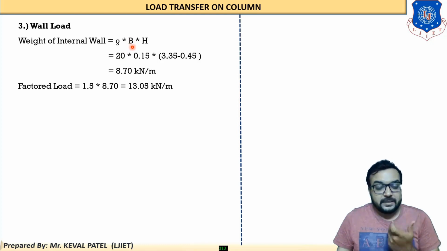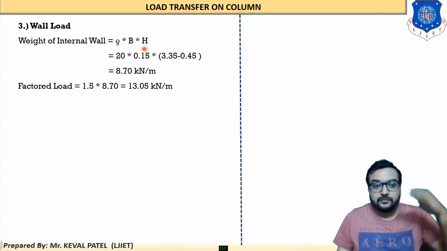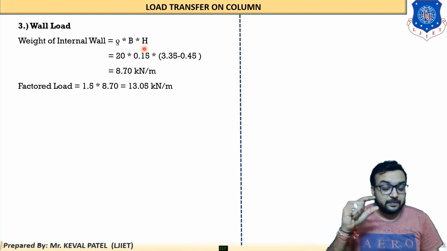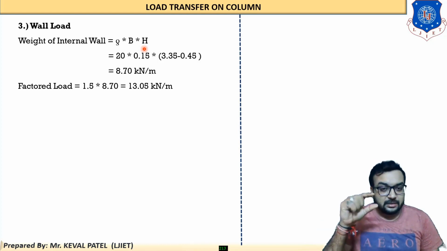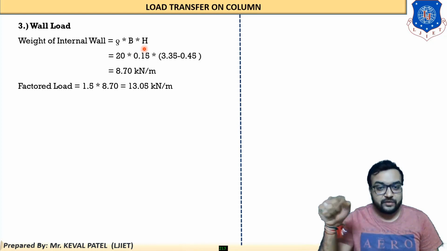Next one is B. B means thickness of wall, which is 0.15. And H means height of wall. So students, our main beam is 230 cross 450.